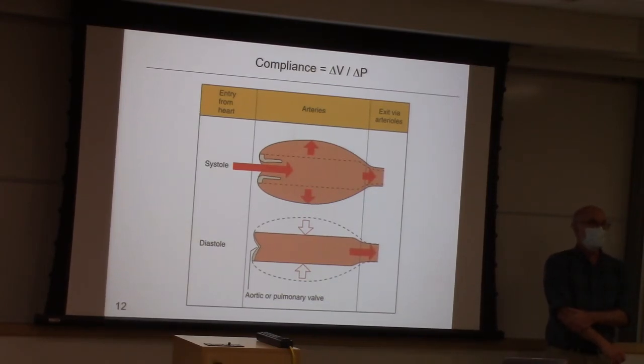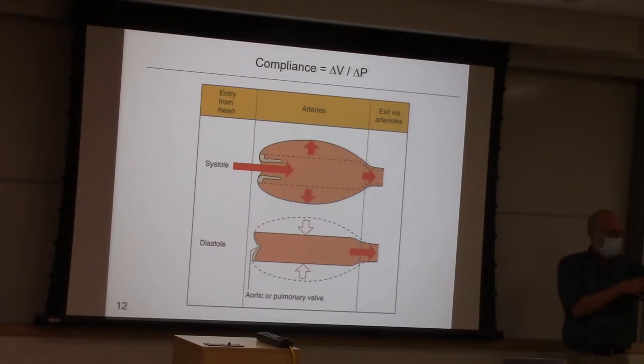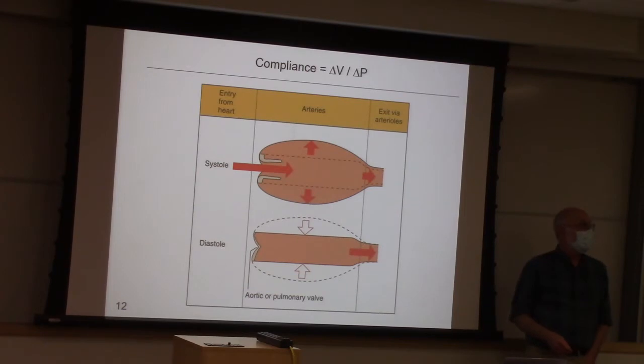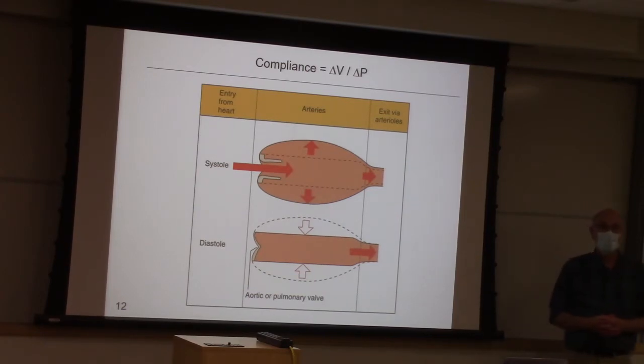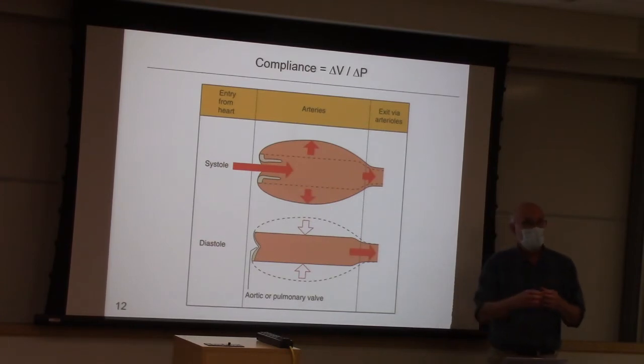Arteries, even the aorta, which is pretty thick, is pretty elastic. But when we get to major arteries like the brachial artery, or the radial or the ulnar artery, or the femoral artery, those are super stretchy. They are elastic. So you pump a volume into them, and they stretch.